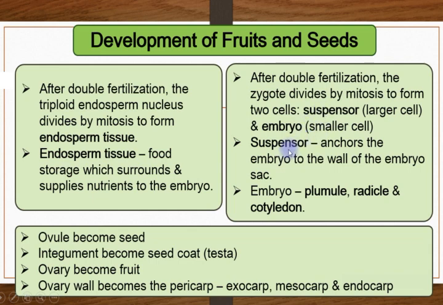The suspensor develops to anchor the embryo to the wall of the embryo sac. The embryo consists of plumule, radicle, and cotyledon. Then the ovule becomes the seed, and the integument becomes the seed coat or testa. The ovary becomes the fruit, and the ovary wall becomes the pericarp, which consists of exocarp, mesocarp, and endocarp.